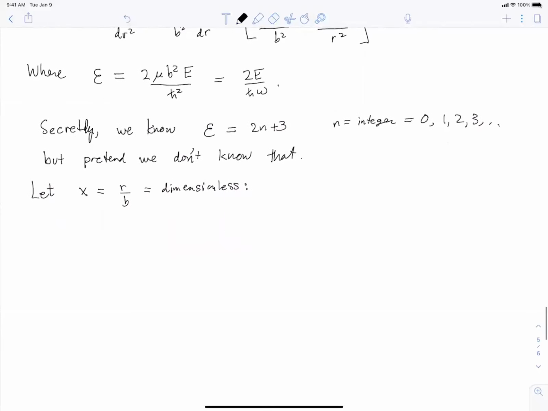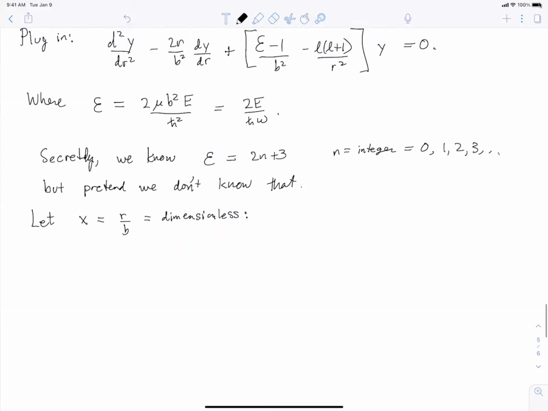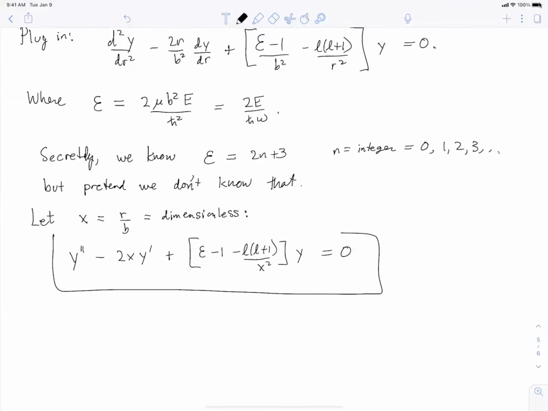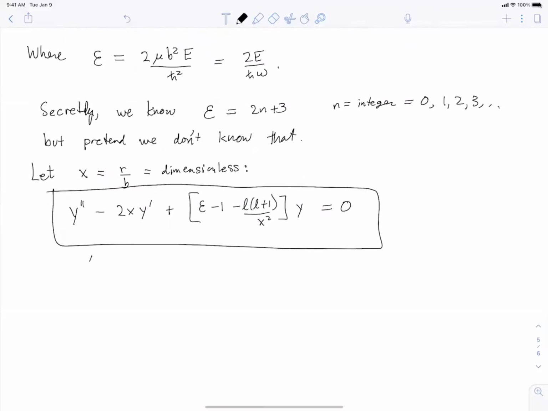But the bonus is that this equation turns into y double prime minus 2x y prime plus curly E minus 1 minus L times L plus 1 over x squared times y equals 0. So that's our differential equation that we're going to start with next time. The prime means a derivative with respect to x now, not a derivative with respect to r.